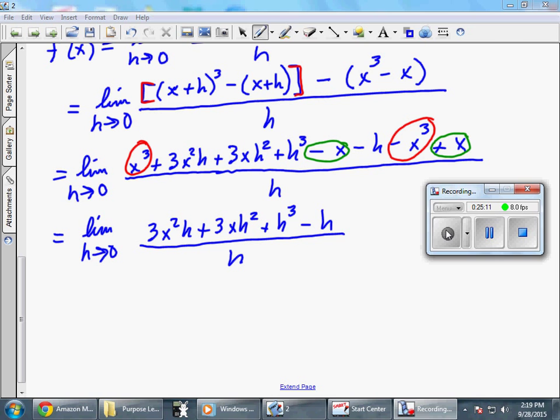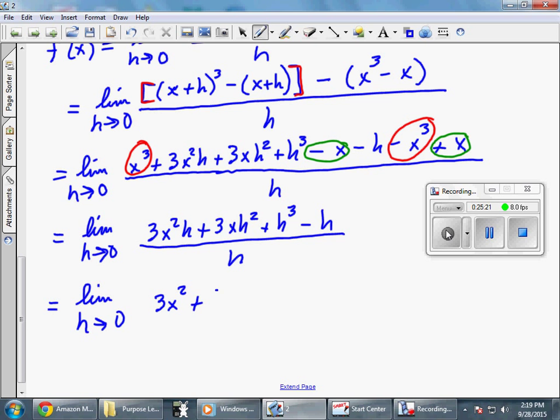Okay, next step equals the limit as h approaches 0 of 3x squared plus 3xh plus h squared minus 1. Exactly, Skylar.